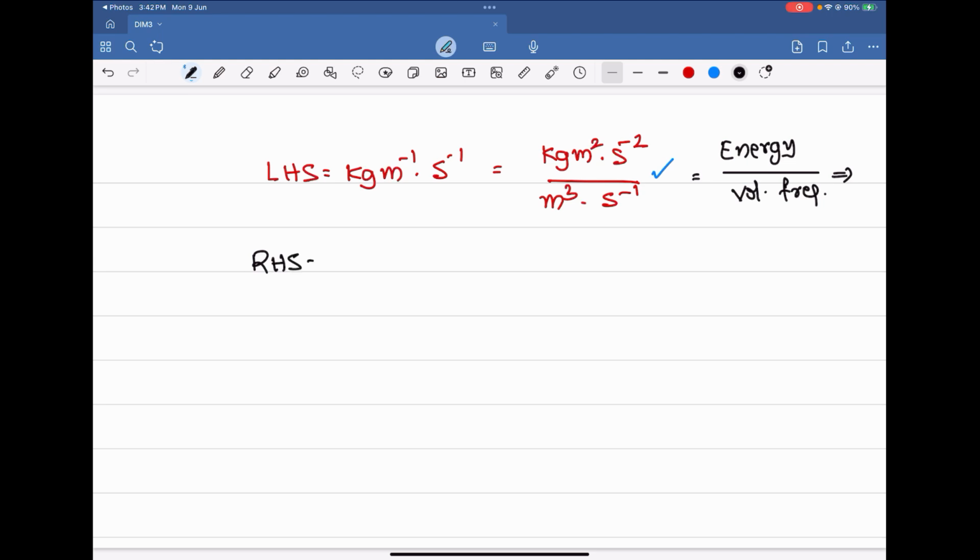Right hand side is equal to energy per unit volume per unit frequency.